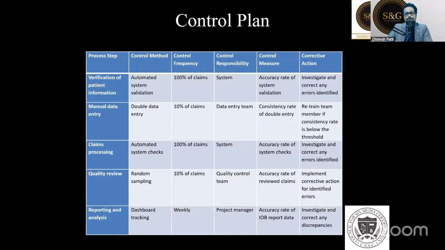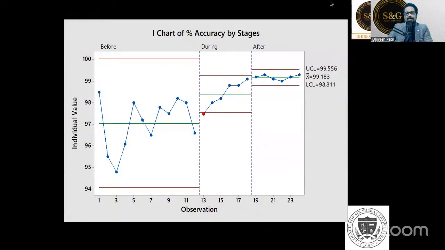Okay. And this is the stage by stage improvement. The first stage was before the project was taken. This is 1 year of data, or we call it baseline data. And this was the average accuracy percentage. During the project, you can see some kind of improvement and then it got stabilized.